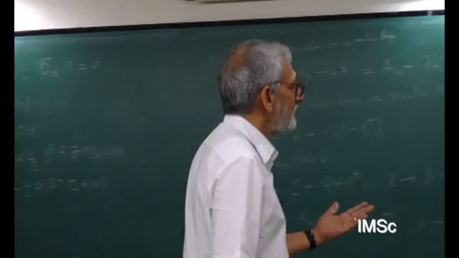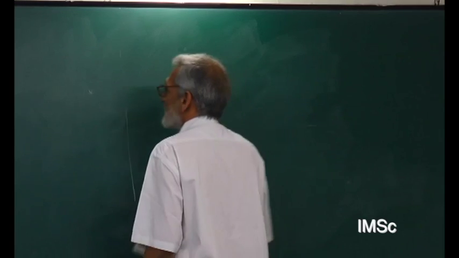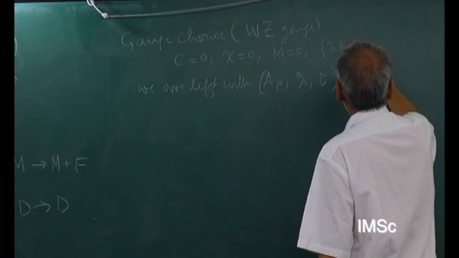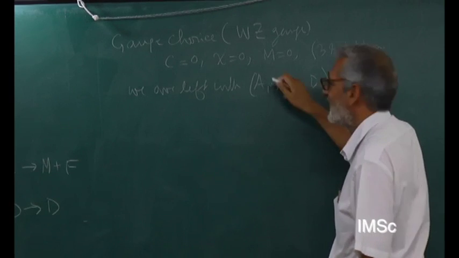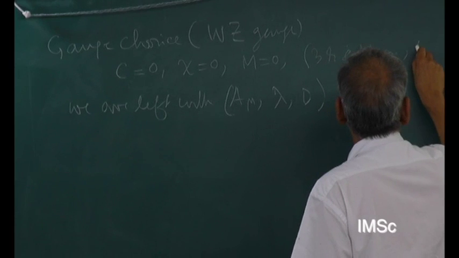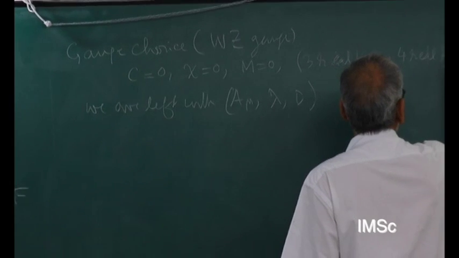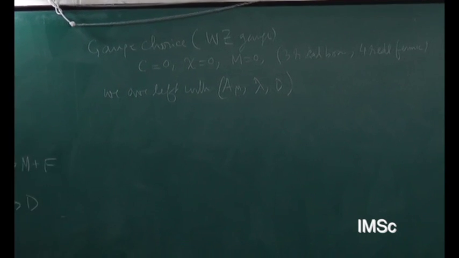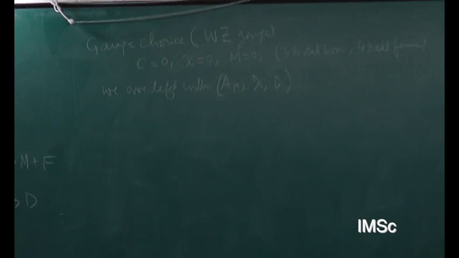Now we have thrown out 3 real bosonic, 1 here and 2 here, and 4 real fermionic. By gauge choice, we have thrown away 3 bosonic degrees of freedom and 4 fermionic degrees of freedom.